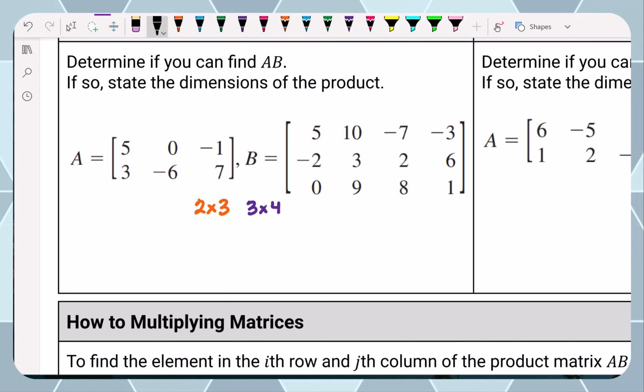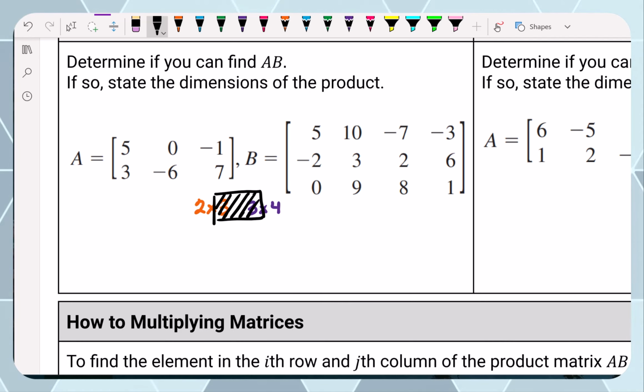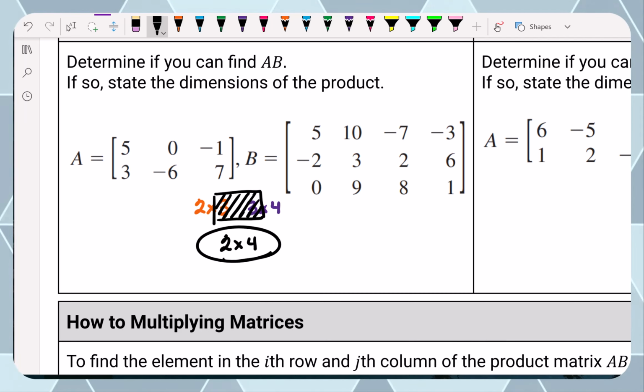I had a teacher teach me this a really long time ago. I box in the middle 2 numbers. If those middle 2 numbers are the same, then I can mark it out and write down the 2 remaining dimensions. So if I multiply these 2 matrices together, I get a 2 by 4.